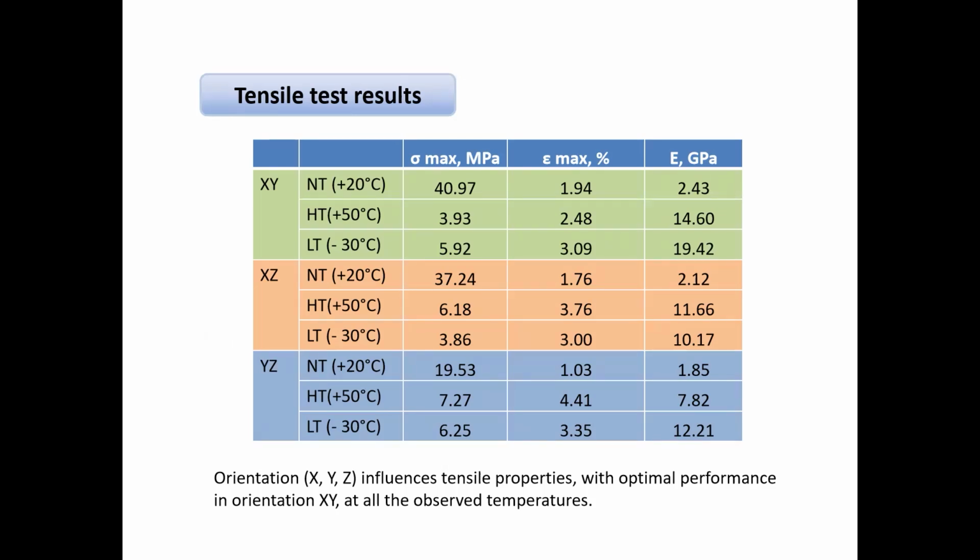For example, for pure PLA, the literature says it is between 0.98 and 1.97, approximately, in those boundary conditions.